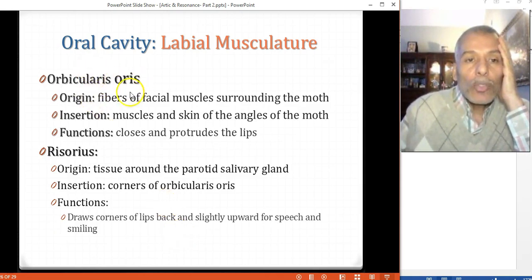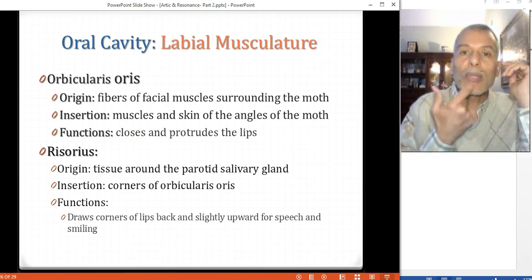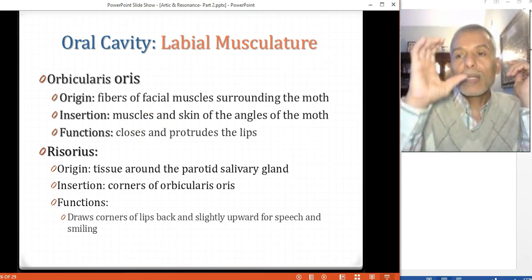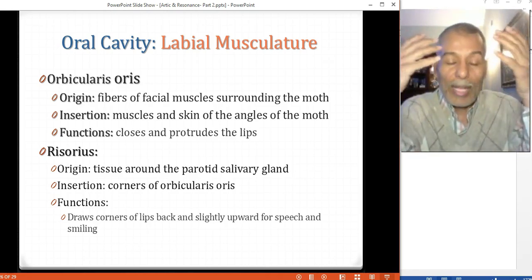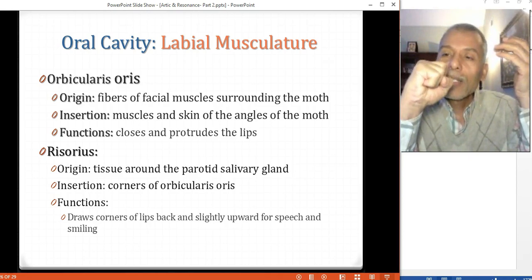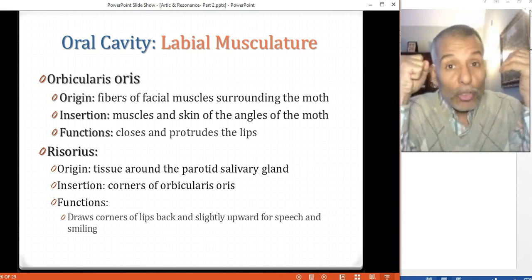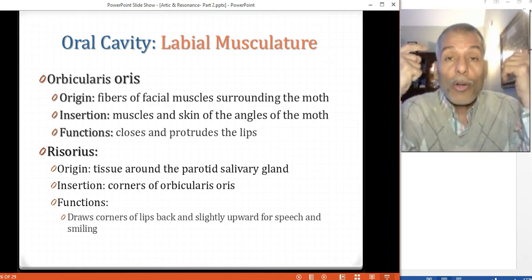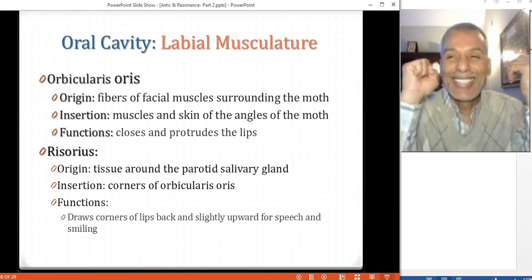The orbicularis muscle is the muscle that makes the two lips. It's like a circular muscle, and it's supposed to act like a sphincter. When it is at rest, it basically should close the mouth like a sphincter. So the natural position of the orbicularis is to be closed, to keep the mouth shut.